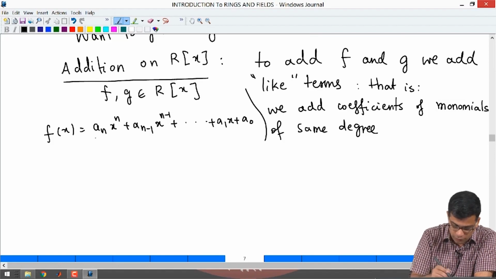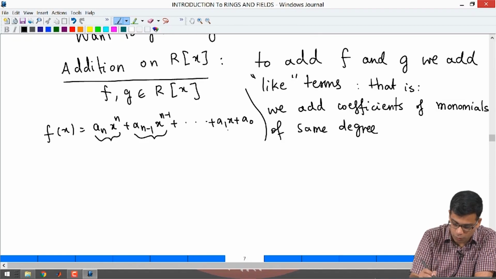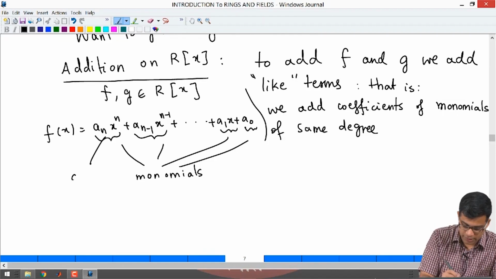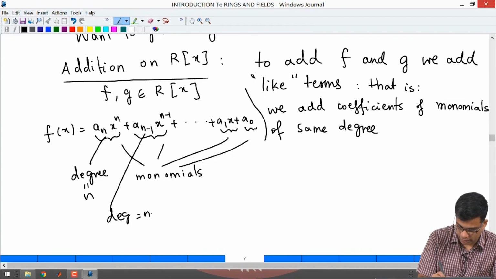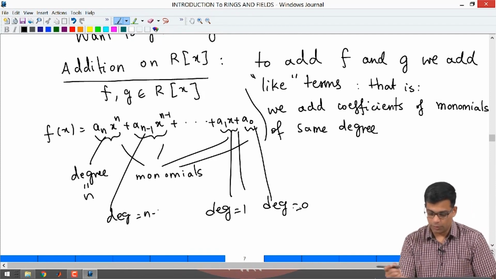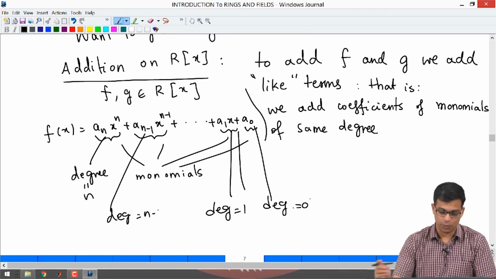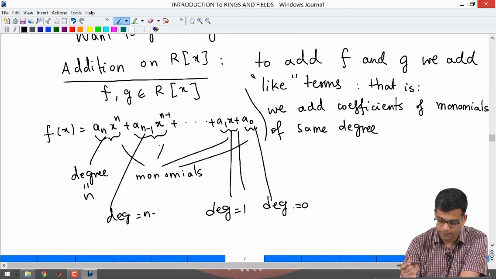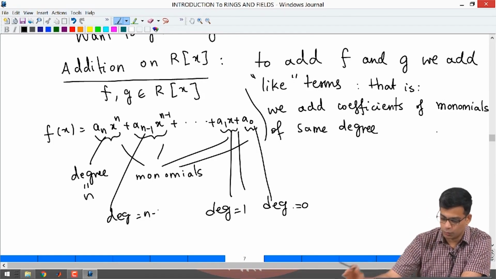A single term of this is called a monomial. So this is a monomial, this is a monomial, and these are all monomials. And what is the degree of a monomial? This degree is n, this degree is n minus 1, this degree is 1, this degree is 0. Remember degree simply stands for the exponent of x. So each monomial has a degree, and we add coefficients of monomials of the same degree.